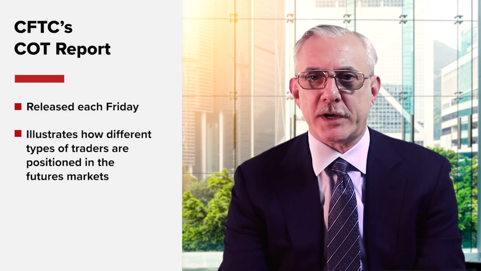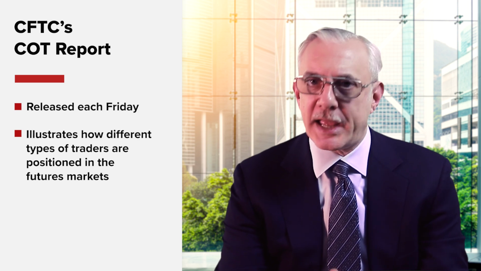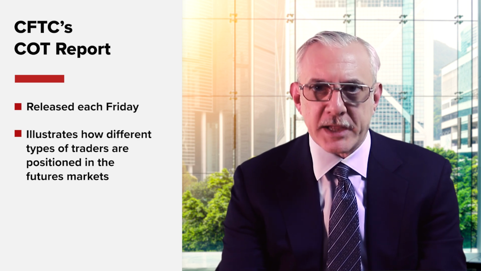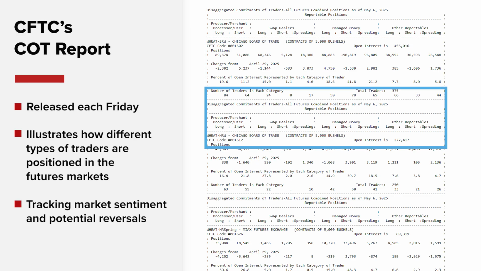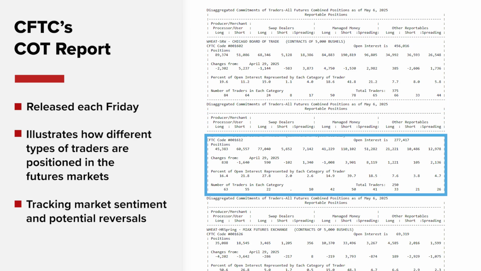The COT report, for example, which is released each Friday, is a publication that generally illustrates how different types of traders, commercial hedgers, institutional investors, and speculators, are positioned in the futures markets, which market participants might find useful for tracking market sentiment and potential reversals.